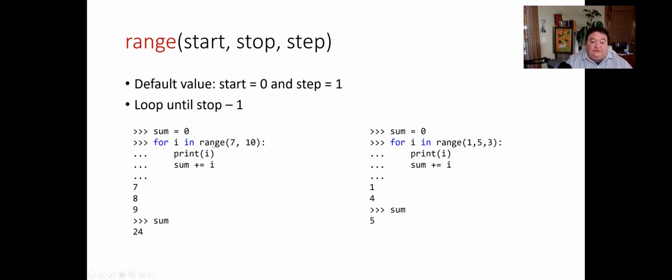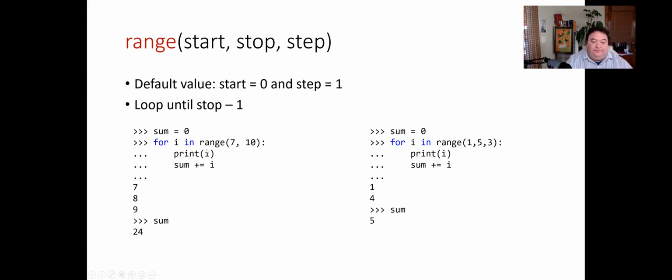The range function can also have start and end values and even the stepping. So this is to reproduce what we have seen in C++, but restricted to integers. And this simplifies the syntax of the for loop. Here are a couple of examples.